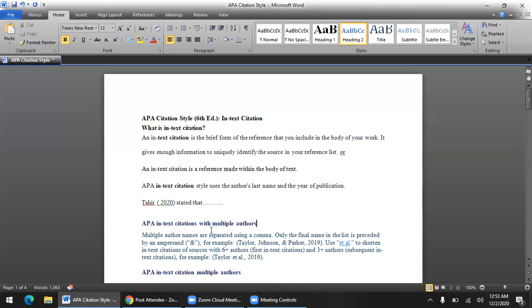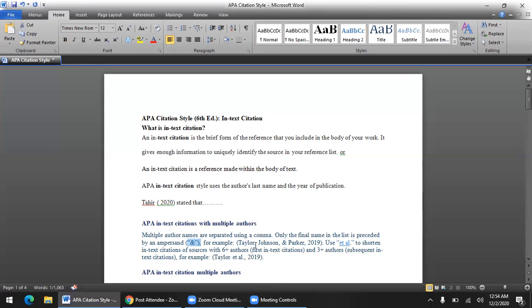Multiple author names are separated using a comma. A comma should be used, and the final name in the list is preceded by an ampersand. If you are writing the work of other people in parentheses at the end of the paragraph, then you will use the ampersand.